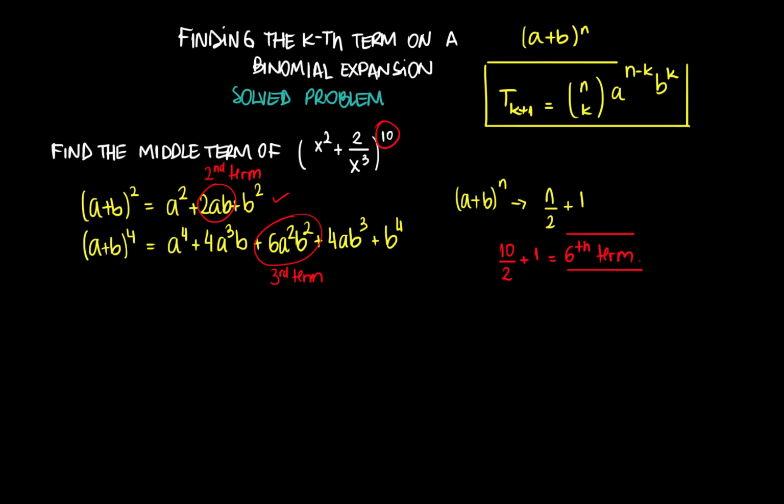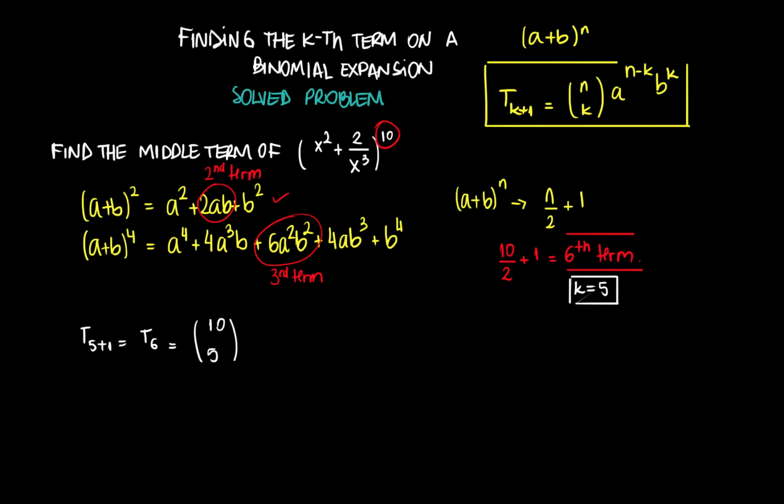Now we have to calculate the sixth term, and to calculate it we need k equal to 5. So when k is equal to 5, we have the sixth term, which is t_{5+1}. Remembering that n is equal to 10, we have 10 choose 5, and not 6, 5.